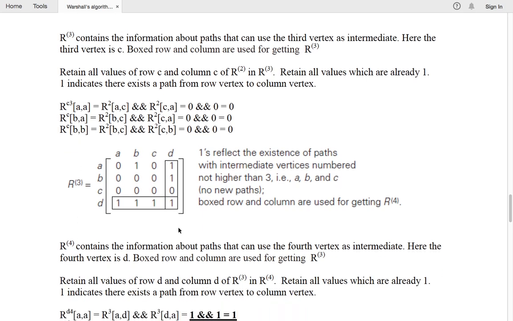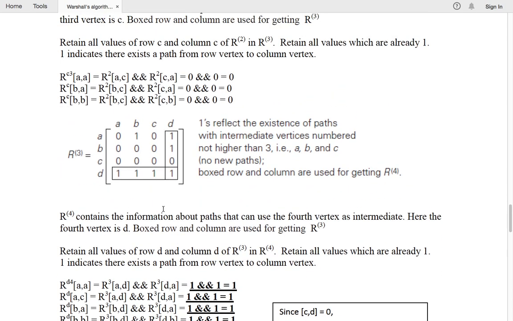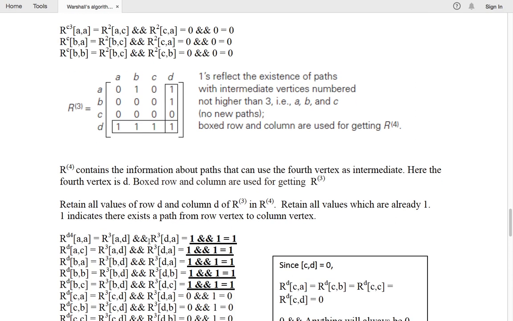Now, last thing is I need to compute R4. Now R4, consider the fourth vertex, that is D and D, right? Then again, box, row and column is used for getting. Retain all rows of D and column D as it is. Retain which are 1 already.